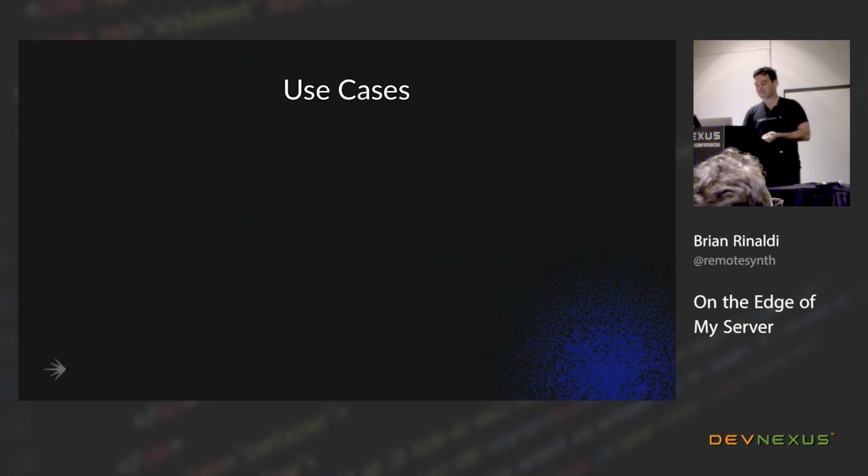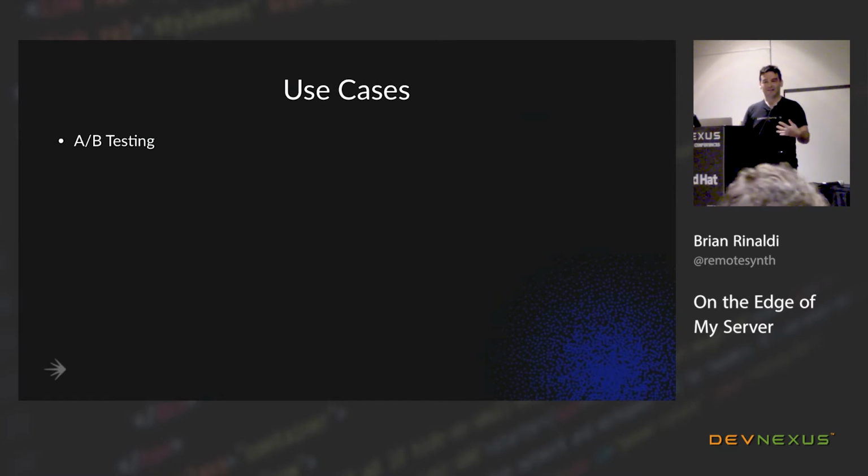Anyway, let's talk about some of the use cases where this could be particularly interesting. A/B testing. This is one of my favorites. I think this is a great use for it. If you've ever gone to a site that has an A/B test, you'll see a quick flash of something change, right? Because they're changing something out client side by calling in some A/B testing service, and they change out the content very quickly.